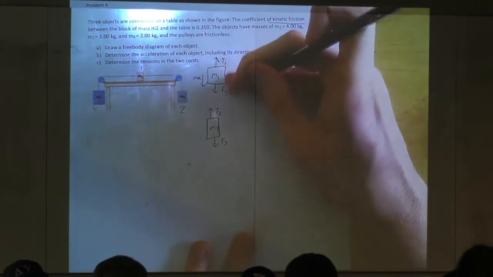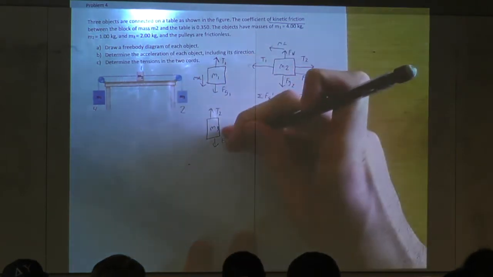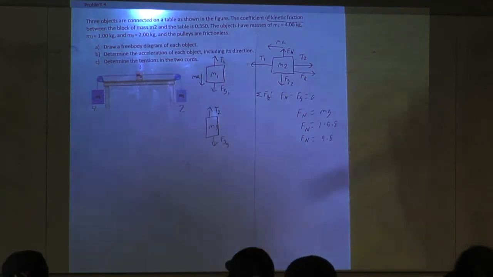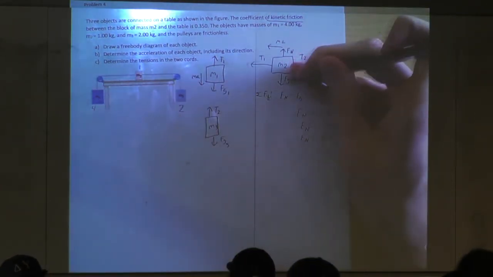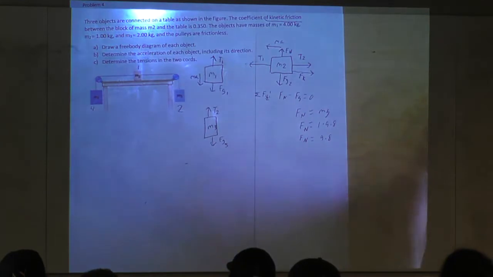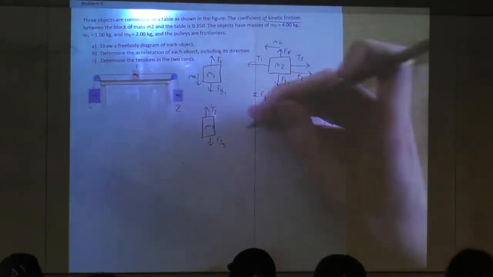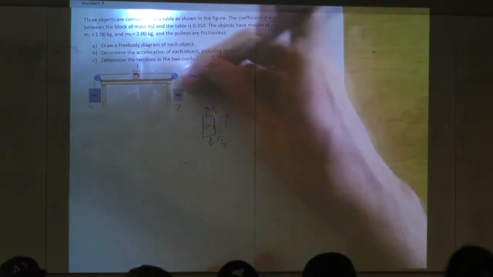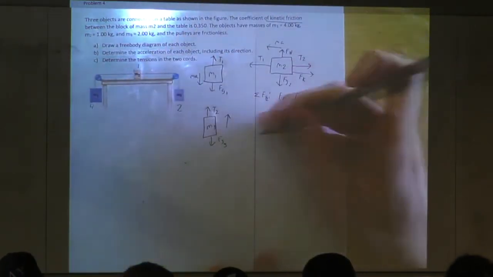I'm also going to label these FG1, FG2, FG3, just so that we all know that they're different forces of gravity. Obviously, when we calculate force of gravity for this one, we're not going to use this one's weight. Hope that's pretty obvious here. And then we know that this one has to be accelerating up for them all to be going up and to the left.